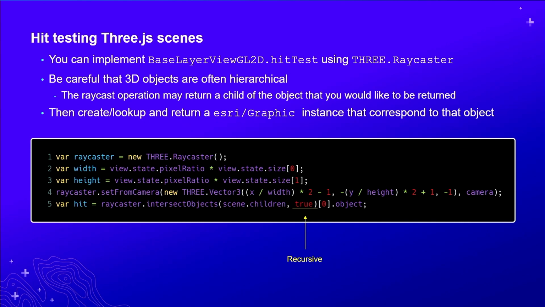So when you actually raycast against a scene, you usually want the raycasting to be recursive so that it hits potentially a child object, but this also implies that you don't know exactly which object will be returned. It could be the main object, it could be a group object, it could be one of the children parts. And so usually your hit test method must be smart enough to understand how to create or look up the correct graphic that must be returned to the user, because ultimately hit test must return a graphic.